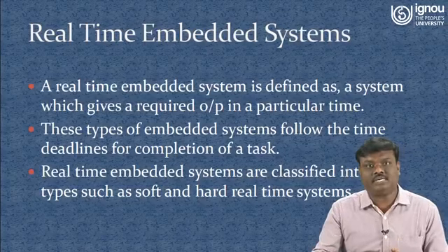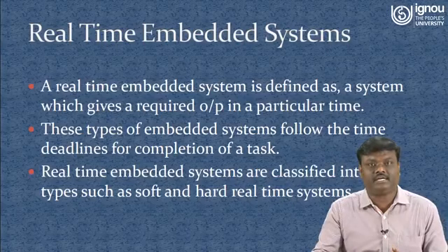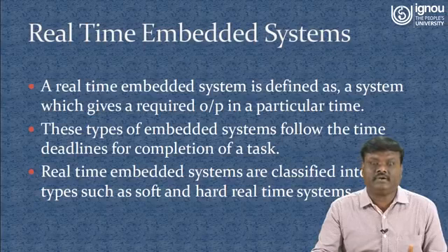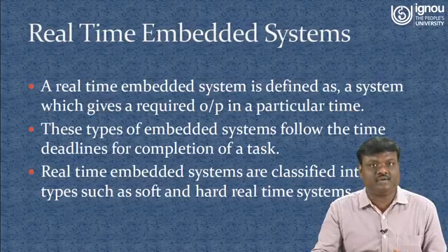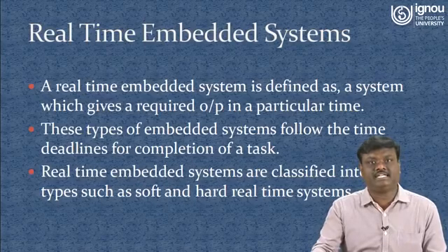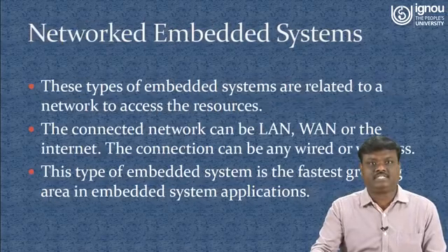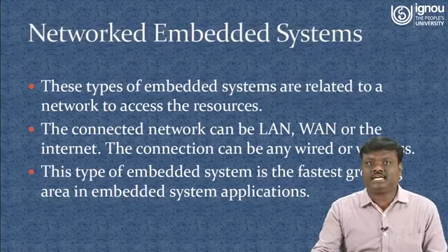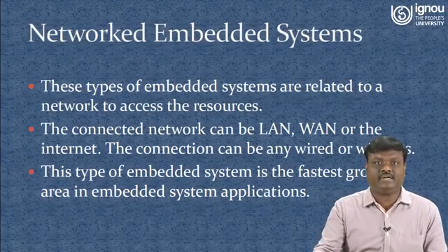If the response is not immediate, then a hazard may happen. So real-time embedded systems are classified into two: one is the soft real-time systems, and the second is the hard real-time systems.